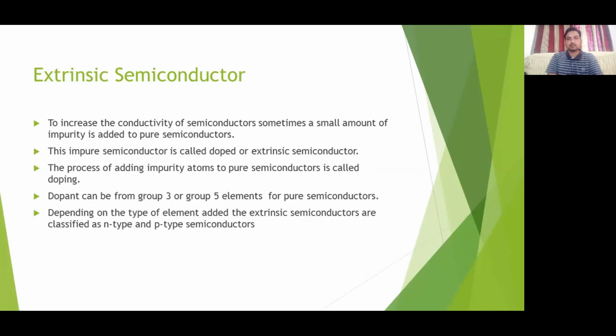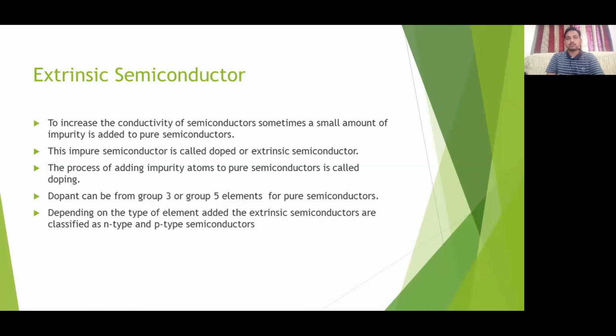The process of adding impurity is called doping. Generally we dope the pure semiconductor to increase its conductivity. The impurity atom here is called the dopant, and the process is called doping. Now, where does the dopant come from?